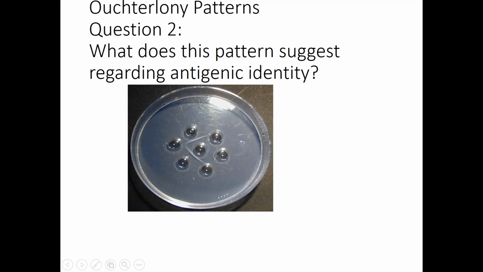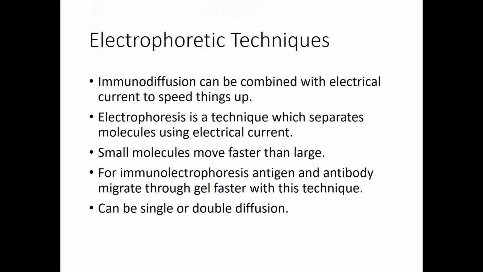We'll say this is the patient sample, and this is our antigen 1. What does this shape tell us between the patient and that antigen? What do we know about their relative identity to each other? So you should put that on your paper and let me know what you think.